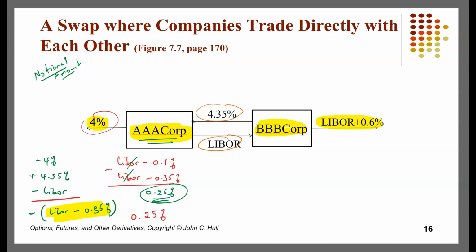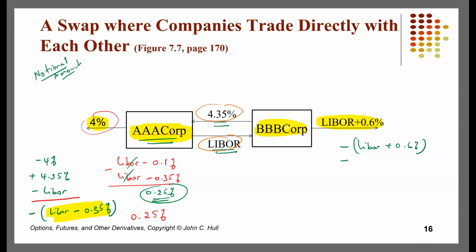How about BBB? Well, BBB is going to be paying LIBOR plus 0.6%, so it's going to be minus LIBOR plus 0.6%. That's what they have to pay. But then they also enter into a swap, and the swap says they're going to be receiving LIBOR and paying 4.35%.